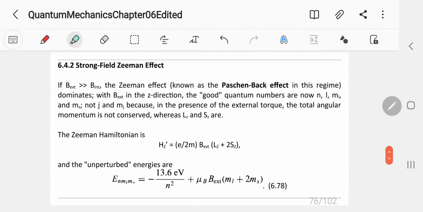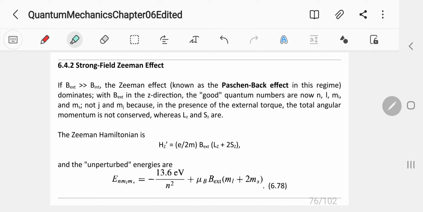Now the next case is the strong field Zeeman effect. So if the external magnetic field is much stronger than the internal magnetic field, the effect is known as the Paschen-Back effect, or the strong field Zeeman effect.